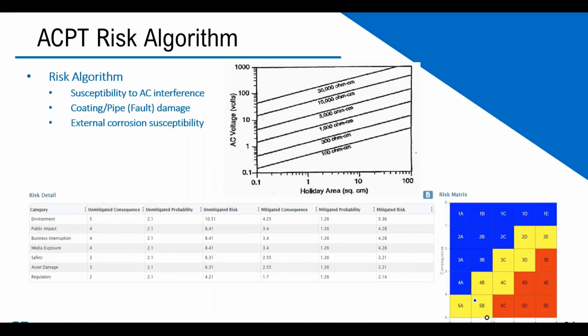Next slide, please. Okay, we mentioned risk algorithm, and what we have is a simple matrix here. One of the things regulators, whatever side of the border you're on, or what country you live in, are concerned about is: are you susceptible to AC interference? Well, remember I said that the pipe is the corrosion layer, what's that?